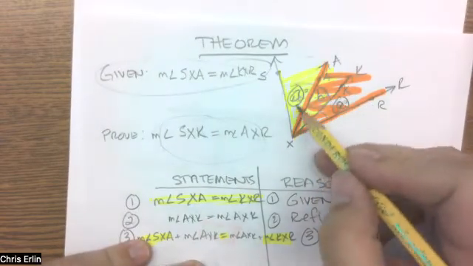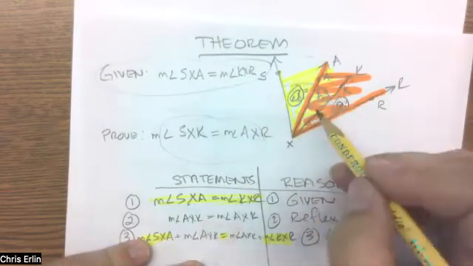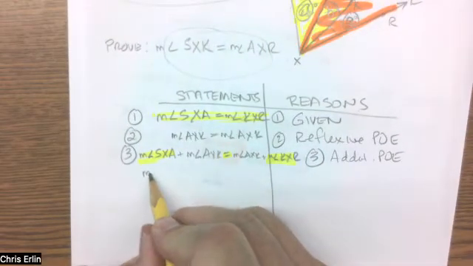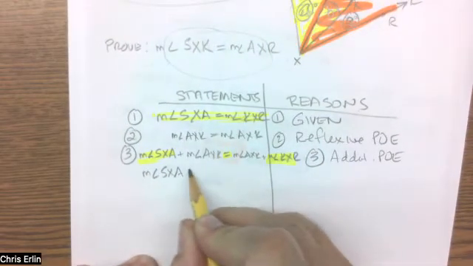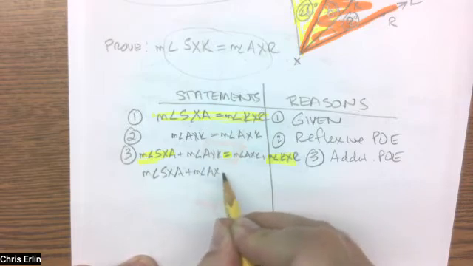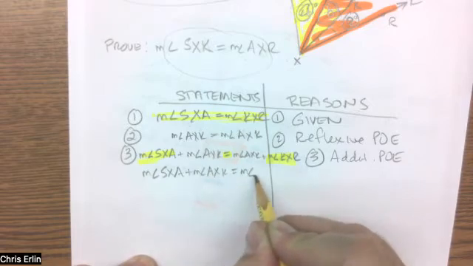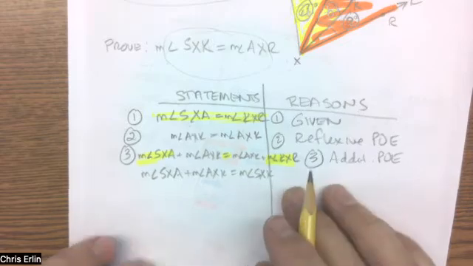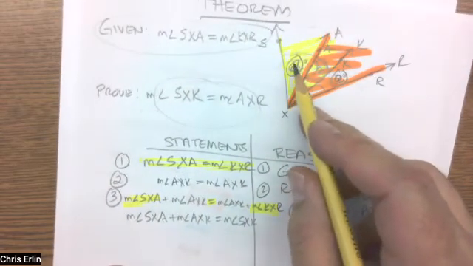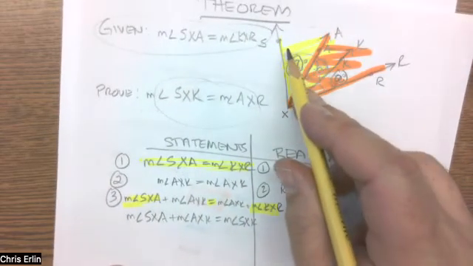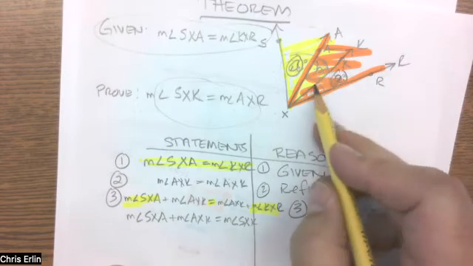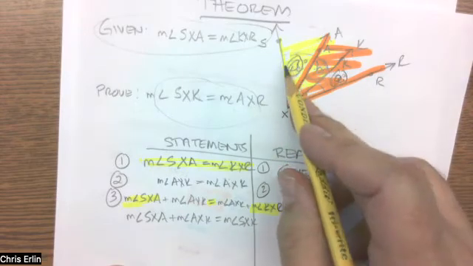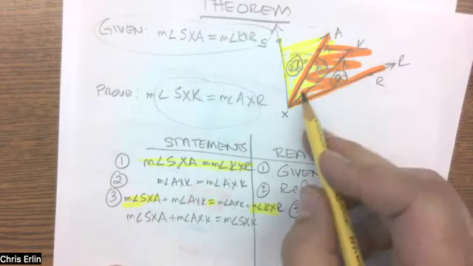SXK. What do I know about this whole double angle here? Isn't the measure of angle SXA plus the measure of angle AXK equal to the measure of angle SXK? Right? Isn't this left part A plus this middle part B equal to this whole angle? Remember, we did that when we did protractor work.